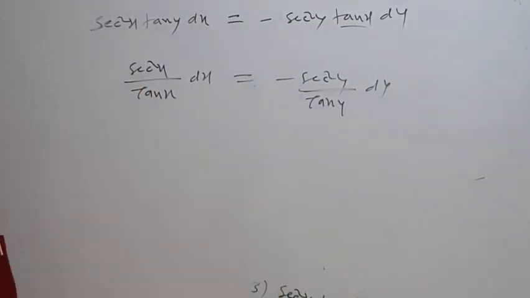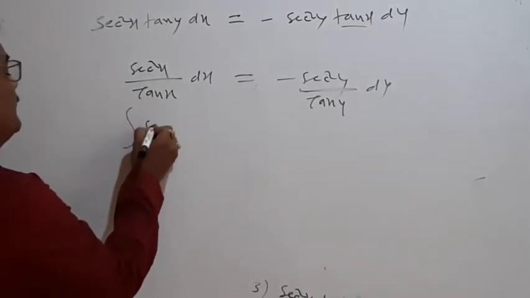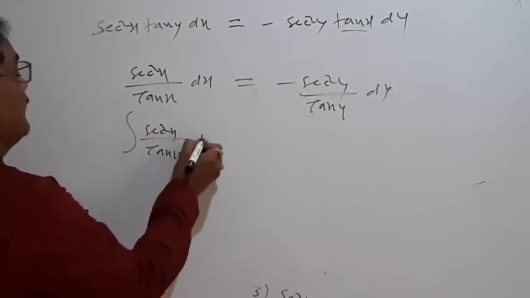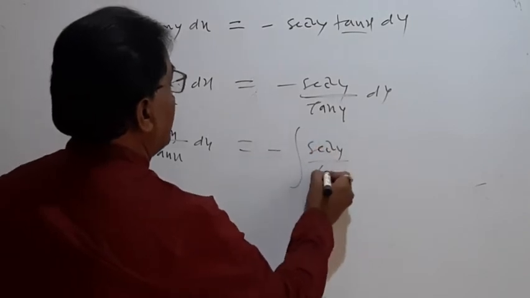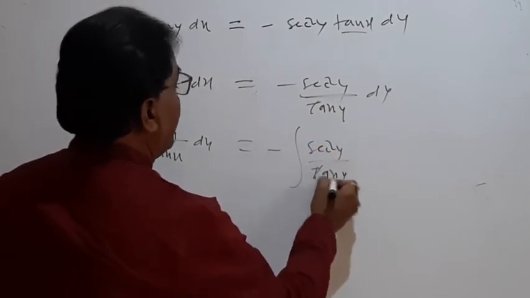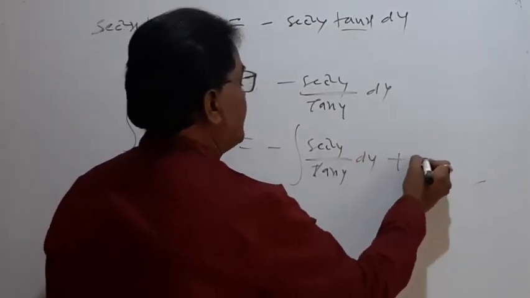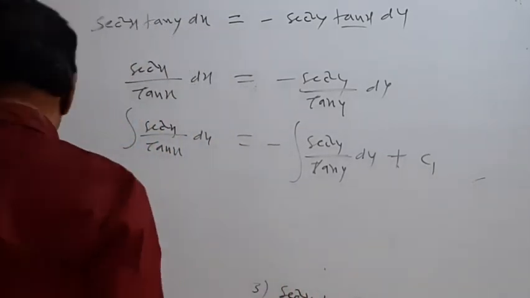After integrating, we get the general solution. Integrating both sides, sec square x divided by tan x dx is equal to minus sec square y upon tan y dy plus constant c1. Find out the integration.